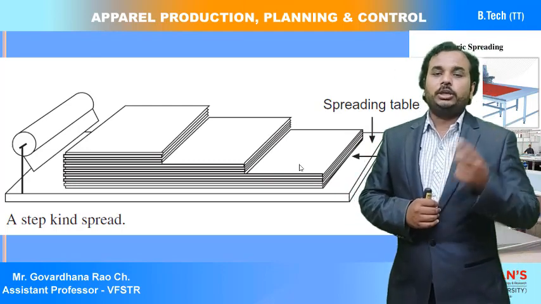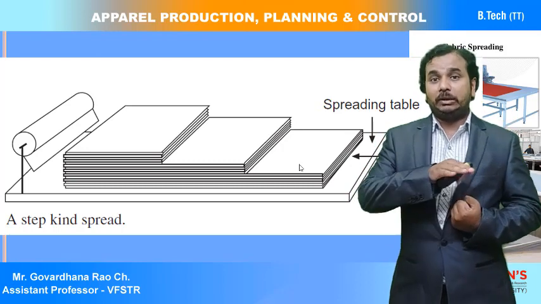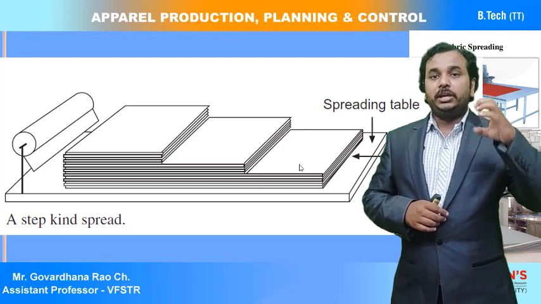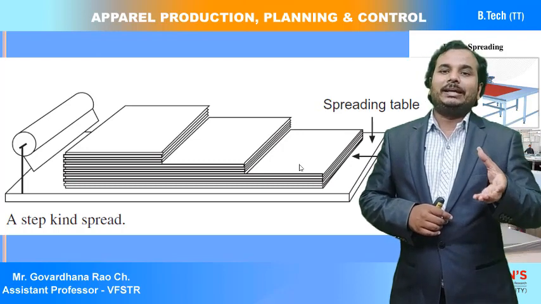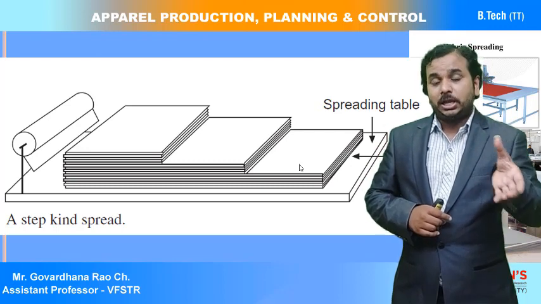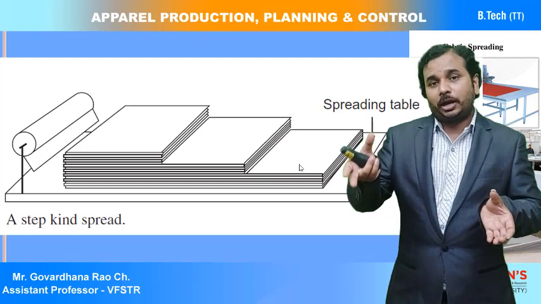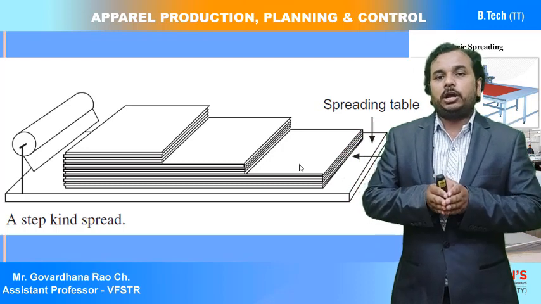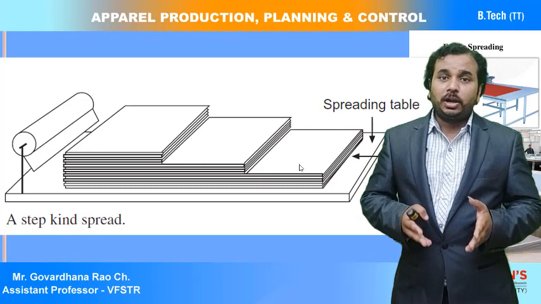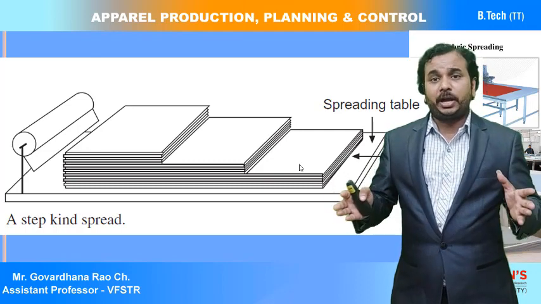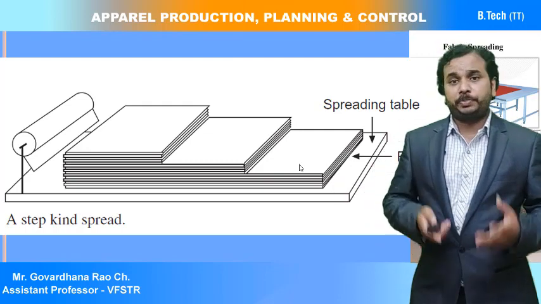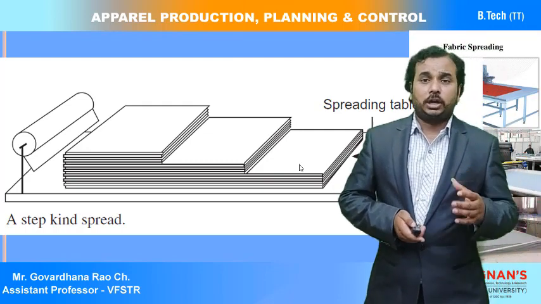So 50 multiplied by 2 gives 100 garments for one size, and the second size also you get 100. So if the equal ordered quantities are there, you can go for the equal spread or uniform spread. There is no requirement of a step spread for such an ordered quantity.